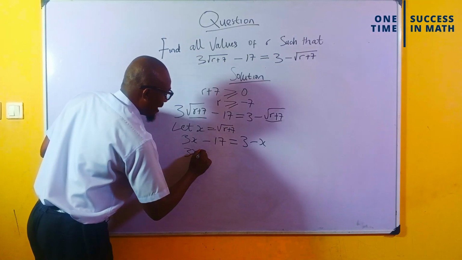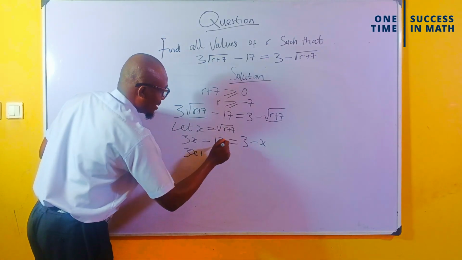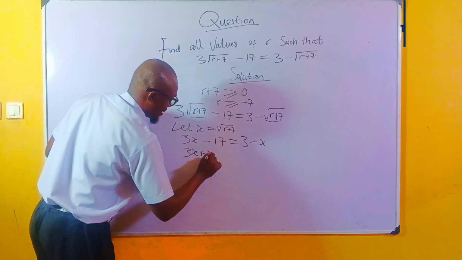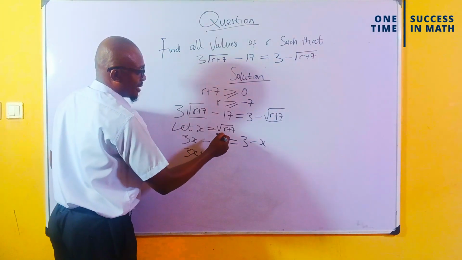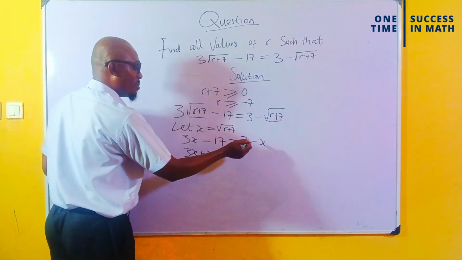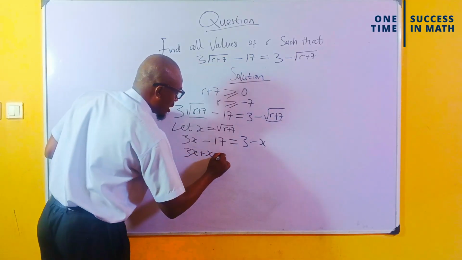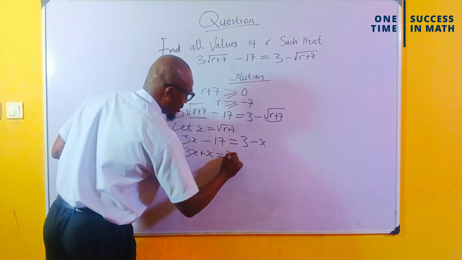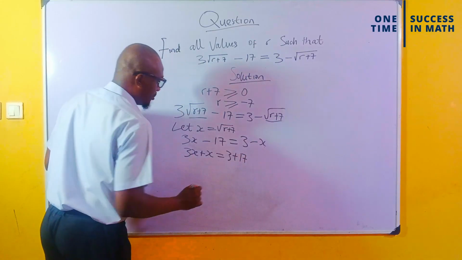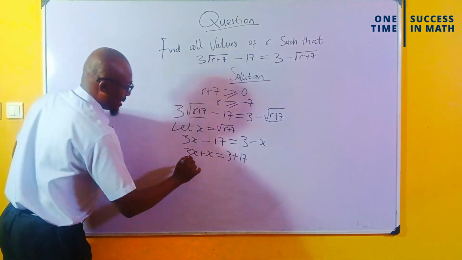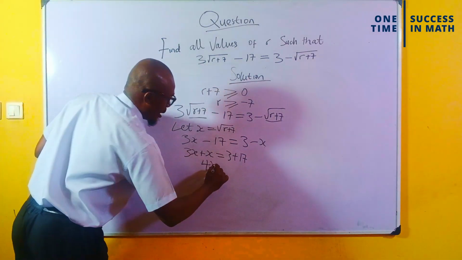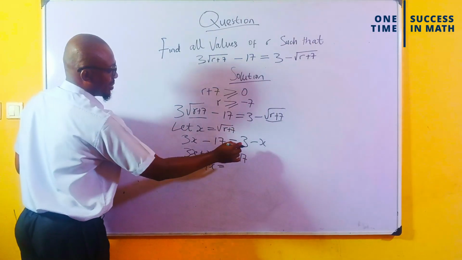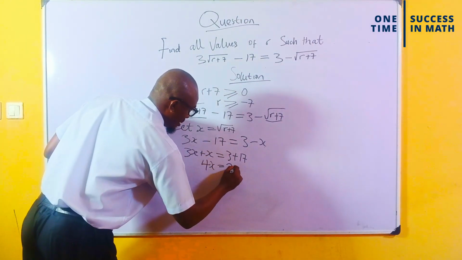Negative x crossing over the equality sign will be positive x. Negative 17 will cross over to meet positive 3. This will now be 3 plus 17. 3x plus x is 4x, equal to 3 plus 17 is 20.